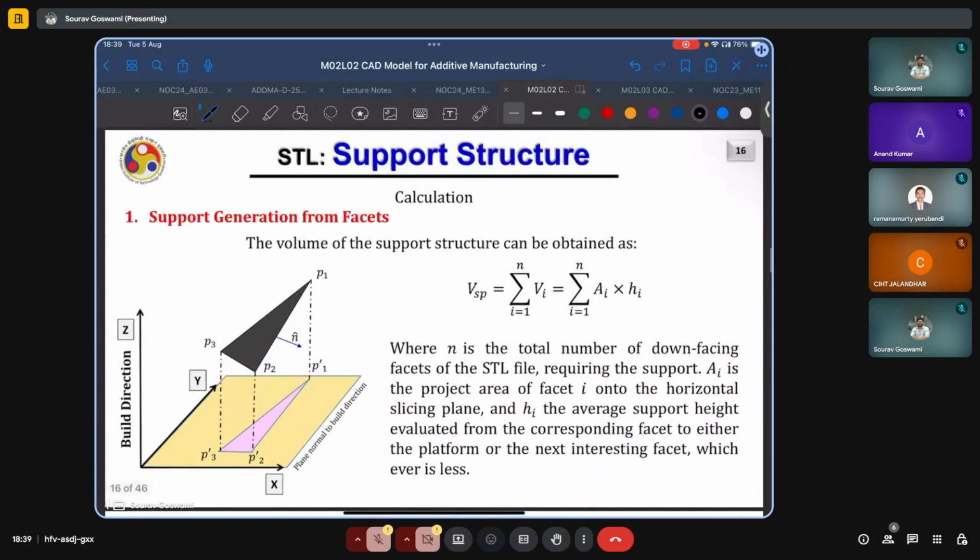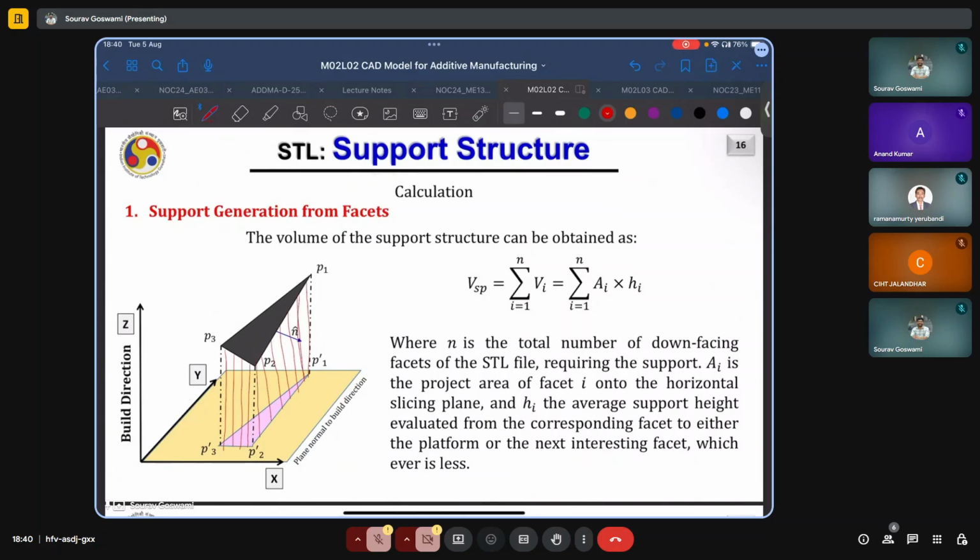Similarly, the volume of the support structure can also be obtained. Say for this triangular facet here, all of these regions will now have support structures. On all three edges and then everywhere in between.